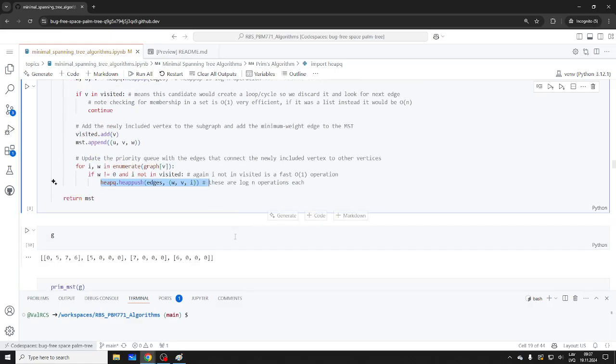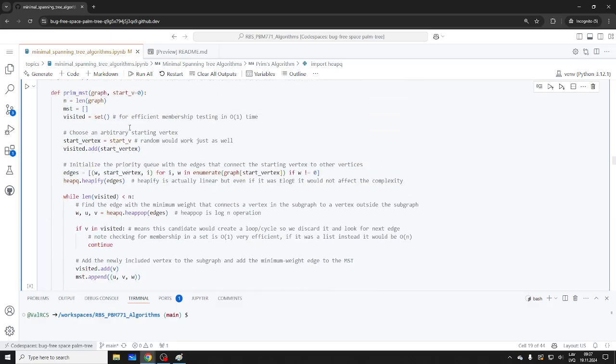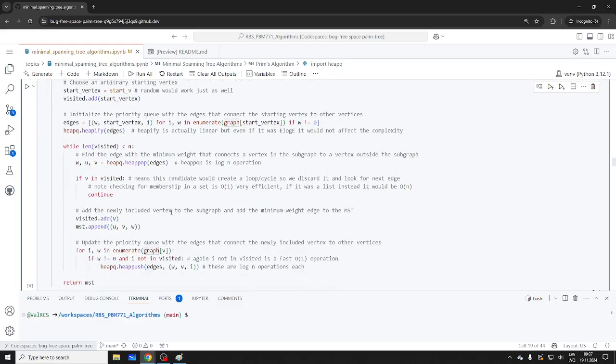And of course, how do we do the graph? What's the actual graph? How do we represent the graph? It has a length, and how many items we have. But the question is how to see the representation of these vertices.